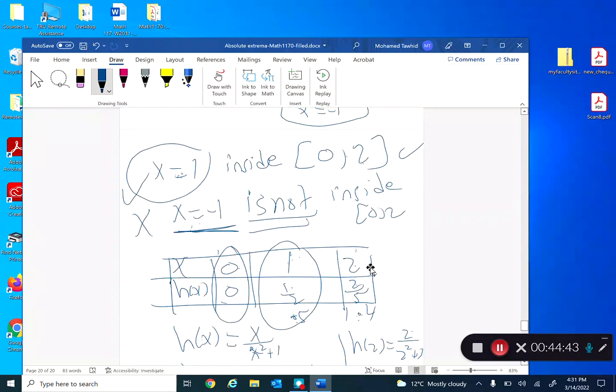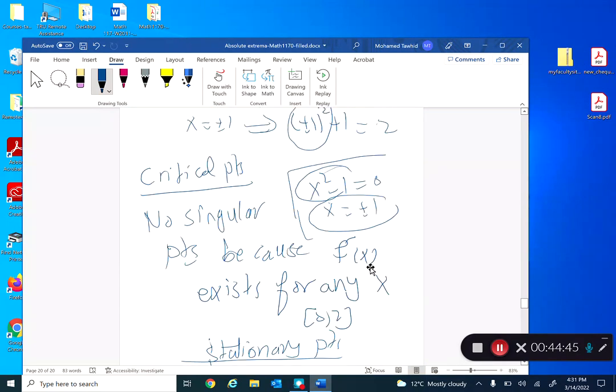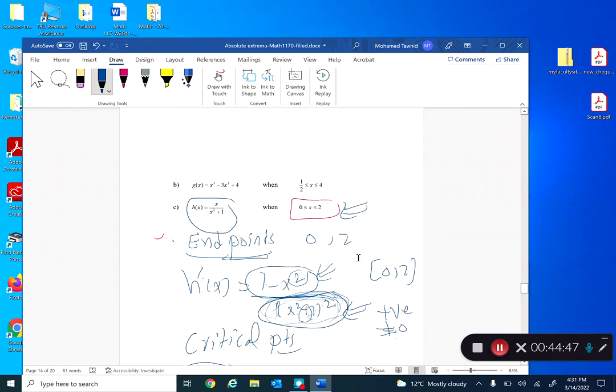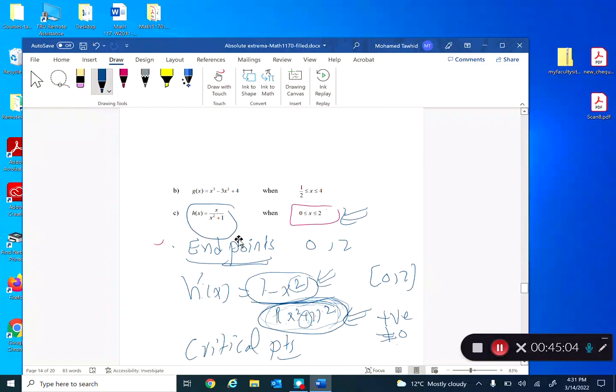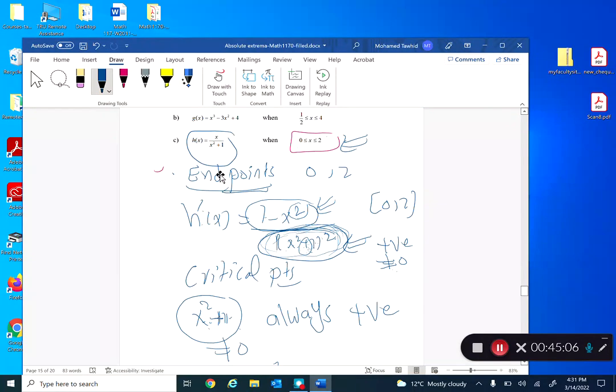Okay, so let me summarize what I did. Your domain is the closed interval 0 to 2, and those are called endpoints. I have to figure out the critical points. Do we have stationary points, where your derivative is 0? Do we have singular points, where your derivative does not exist? It turns out I don't have singular points because your derivative exists.